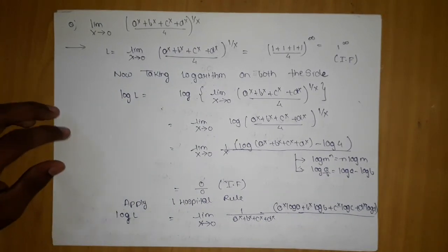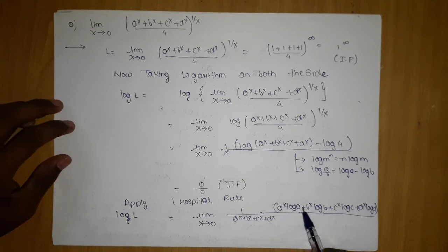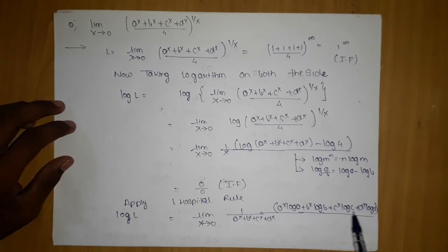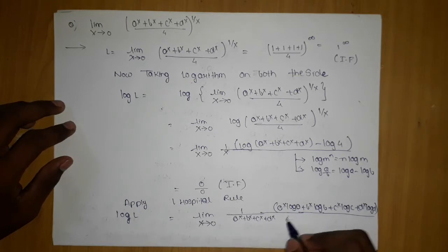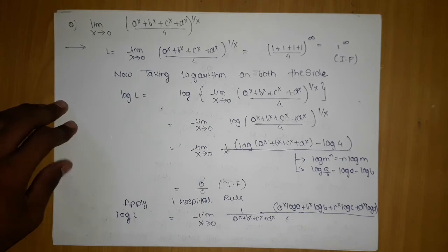Now if we substitute the value, a^x will become 1, this will become 1, this will become 1, this will become 1. We will be left with log a plus log b plus log c plus log d, the whole upon 1 plus 1 plus 1 plus 1, and here it was x which was differentiated and we got 1.